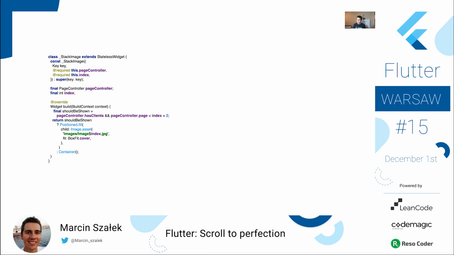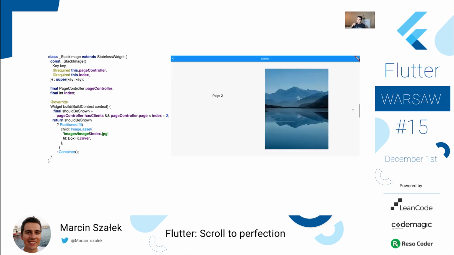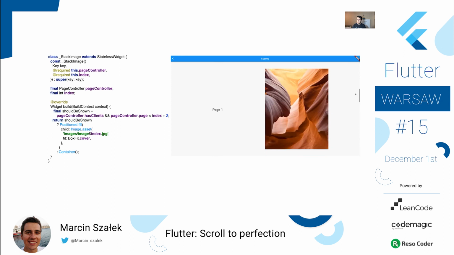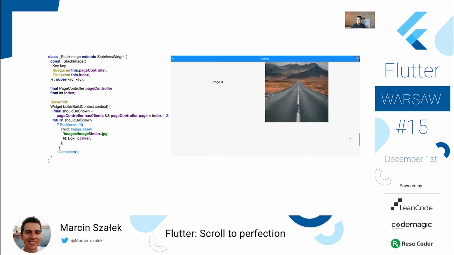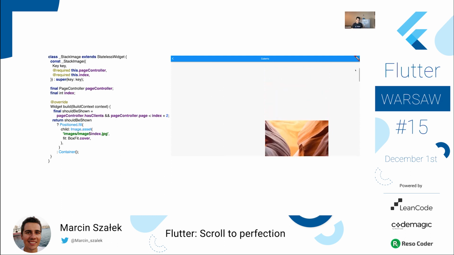And what it means is that once the page changes, the image will change as well, because we had them all in a stack. Therefore, when we hide one, another will show. And this is very close to what we had in the design.